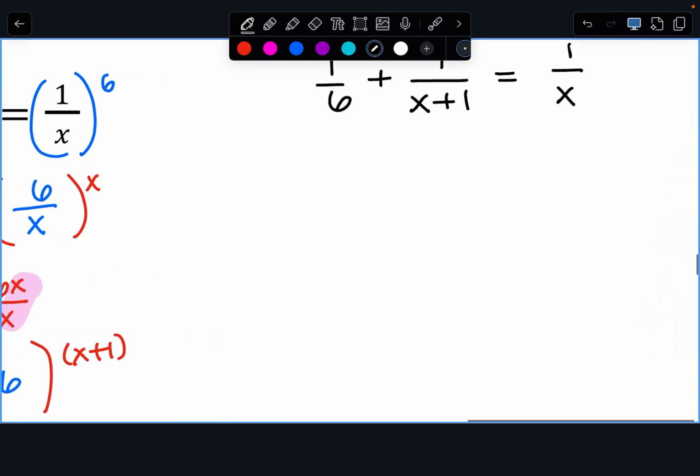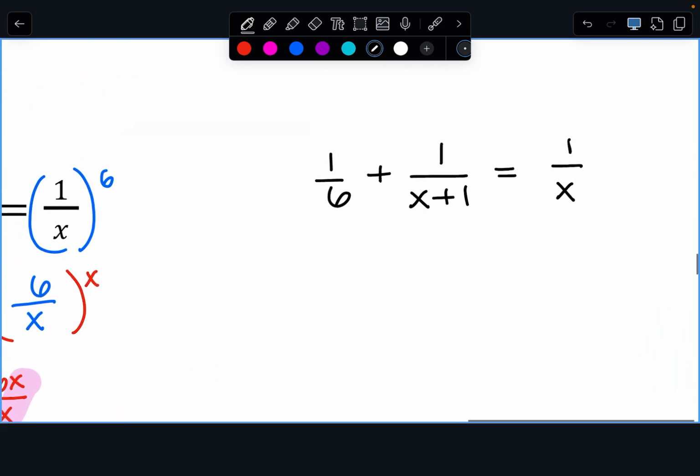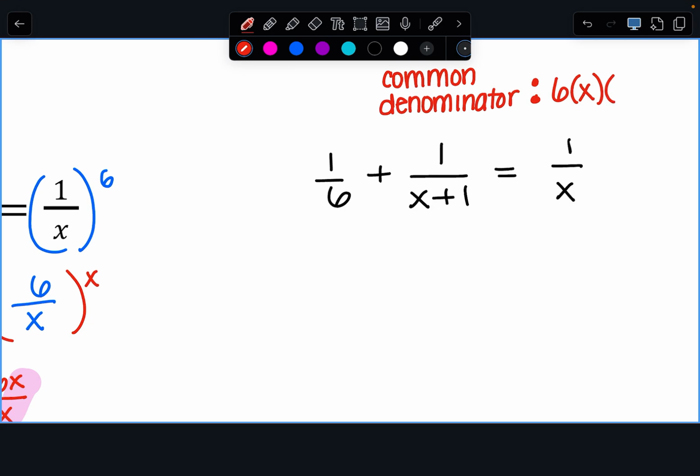If I was trying to find a common denominator, your common denominator here would need a 6, an x, and an x plus 1.